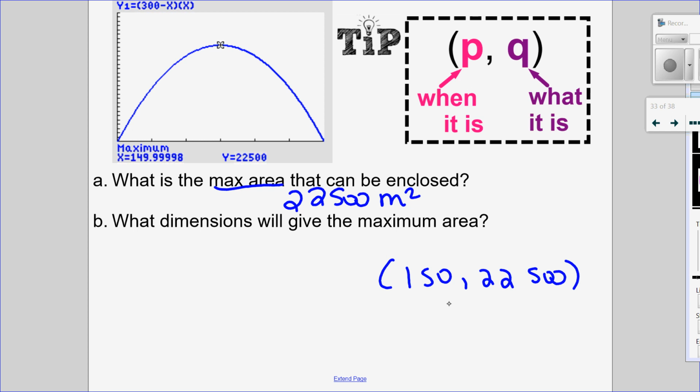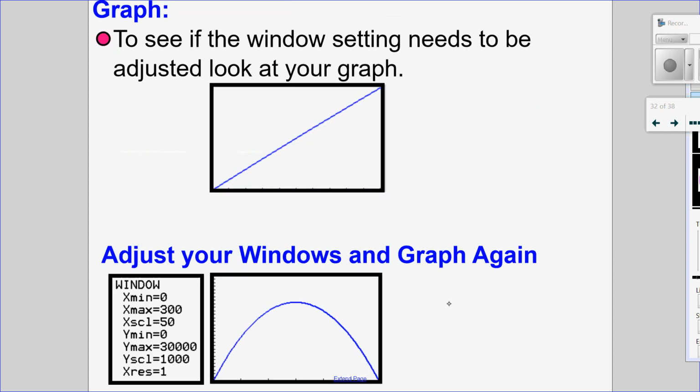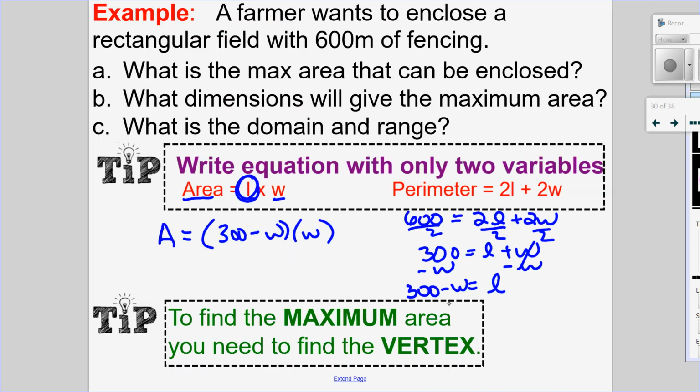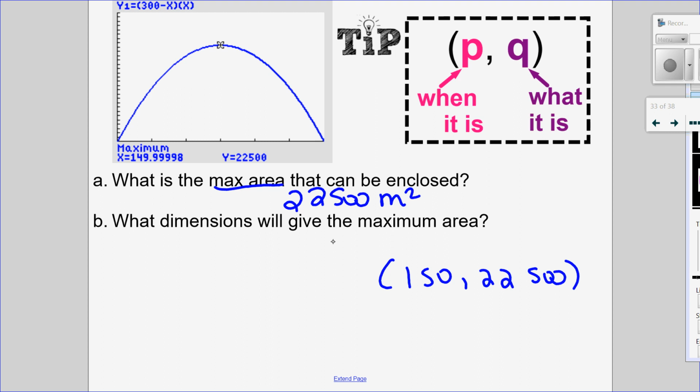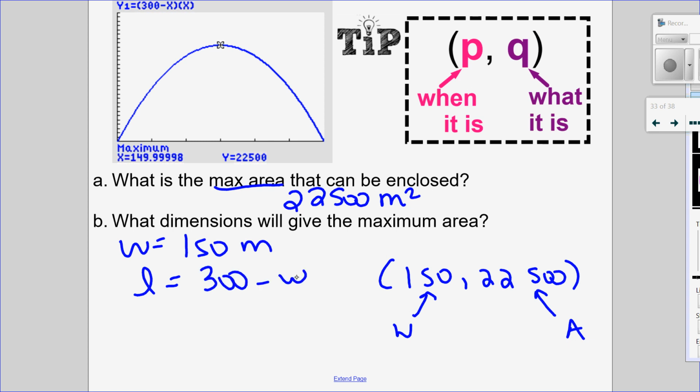Now, when we did our formula, just to refresh your memory, we isolated and just had W's. So the when it is when I have a width. So this is the width, and this is the maximum area. So I know that the width is 150 meters. To figure out the length, let's use what we isolated for, which was 300 minus the width.